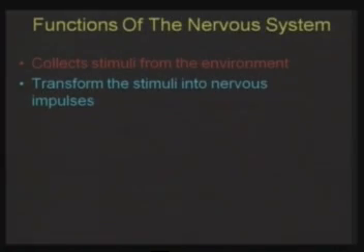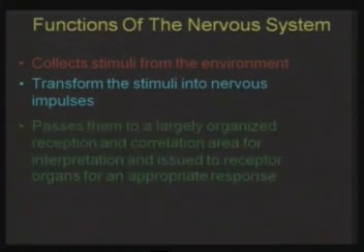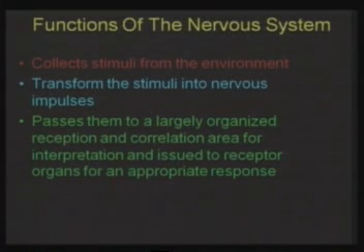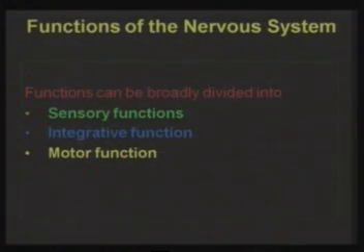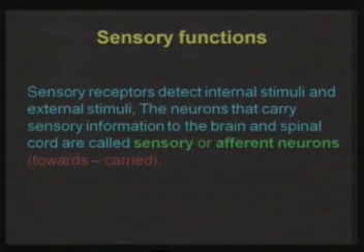The nervous system also transforms the stimuli into the nerve impulse, and it passes them to a largely organized reception and correlation area for interpretation and then issues orders so that we get an appropriate response. These functions can be broadly divided into the sensory functions, the integrative functions and the motor function. Now what are the sensory functions?